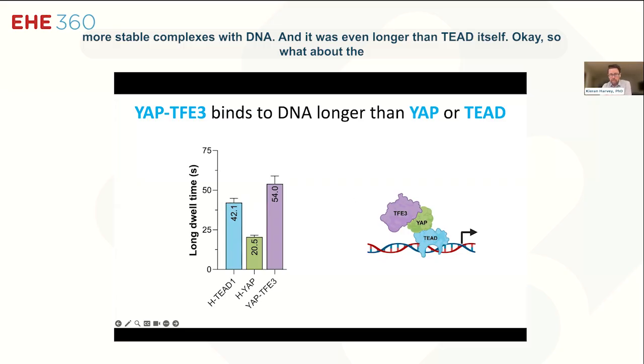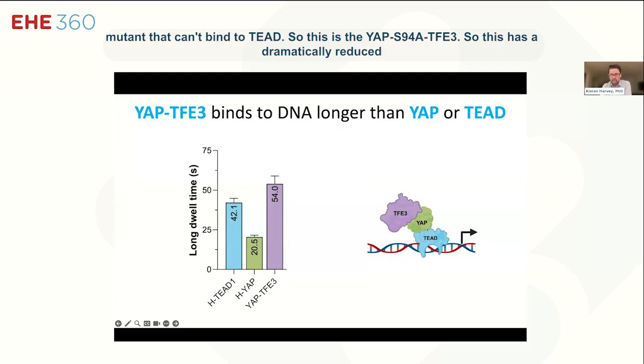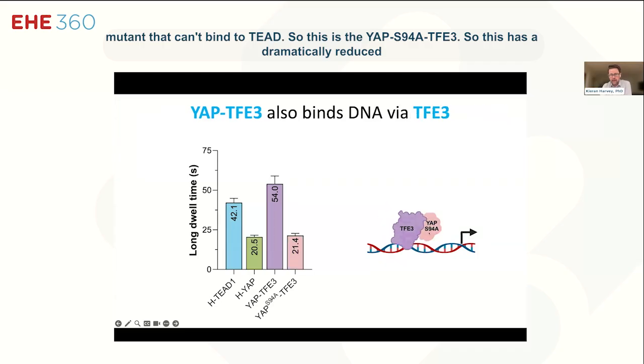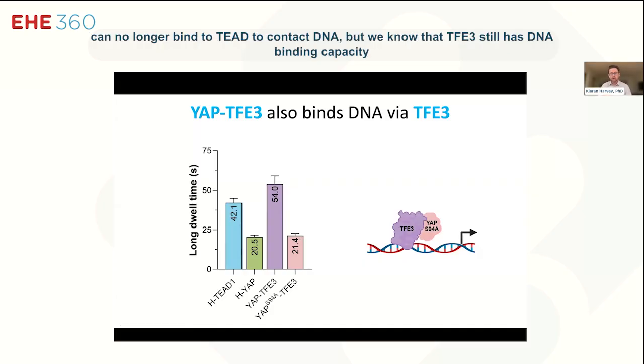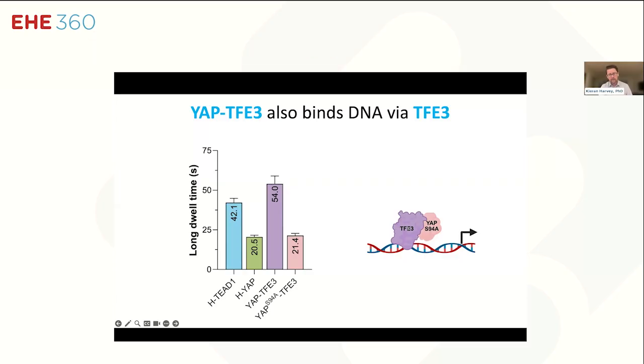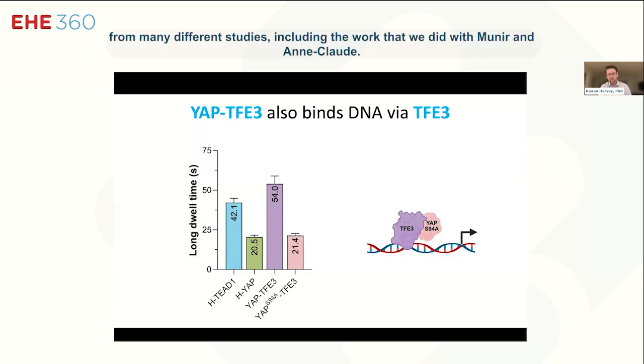Okay, so what about the mutant that can't bind to TEAD? This is the YAP S94A TFE3. So this has a dramatically reduced DNA binding time of around 20 seconds. Now, what we think is happening here is that this protein can no longer bind to TEADs to contact DNA, but we know that TFE3 still has DNA binding capacity from many different studies, including the work that we did with Munir and Claude.